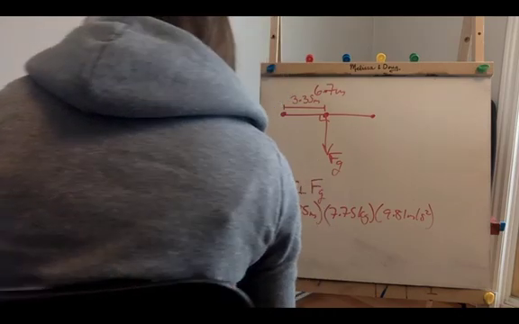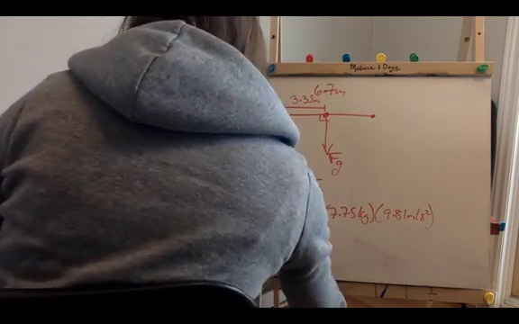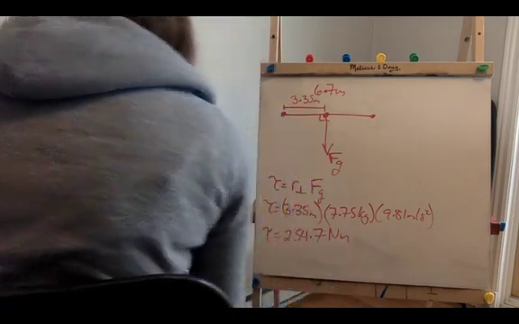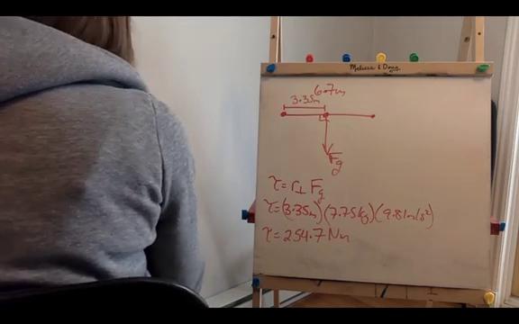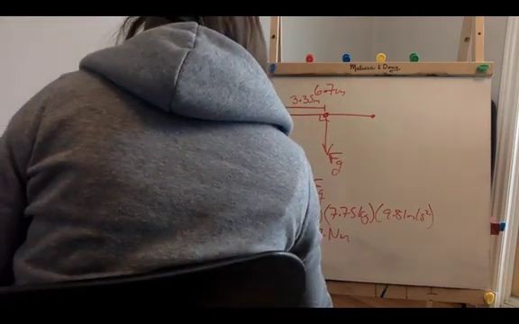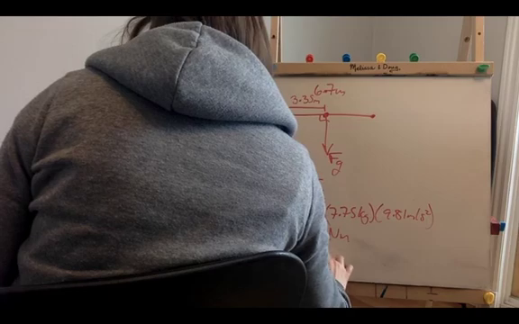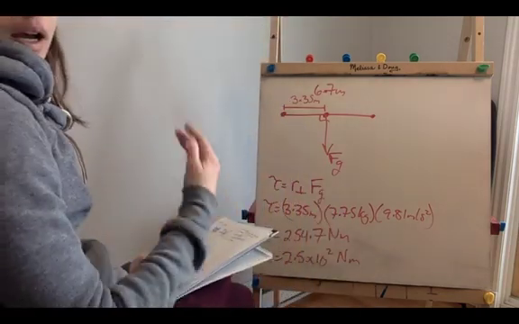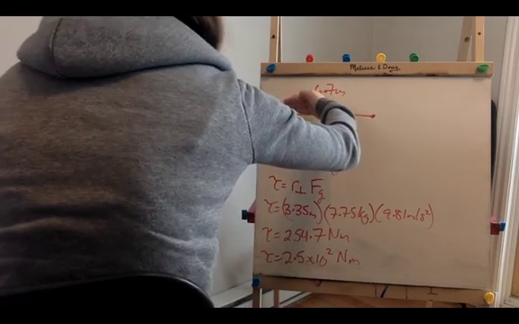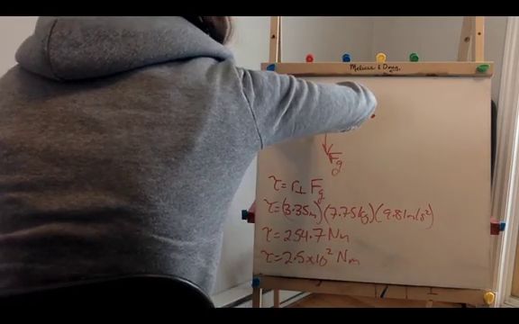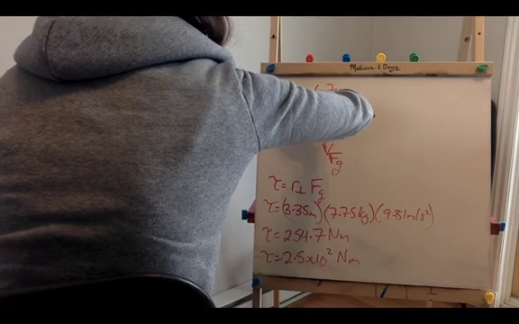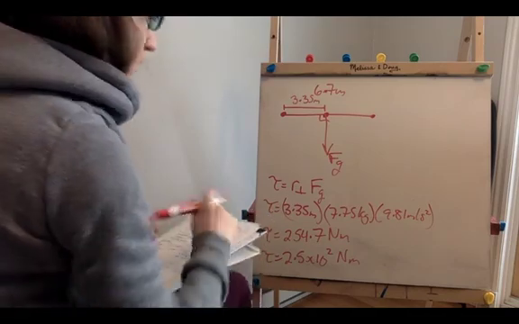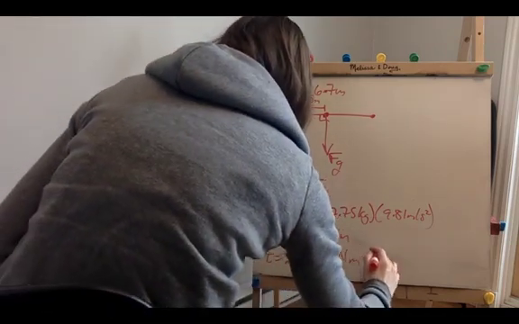So our torque is 254.7 Newton meters, with 2 sig figs, so 2.5 times 10 squared Newton meters. For direction, the force of gravity goes down, rotating down that way, and your thumb's going into the page, so clockwise, or negative.